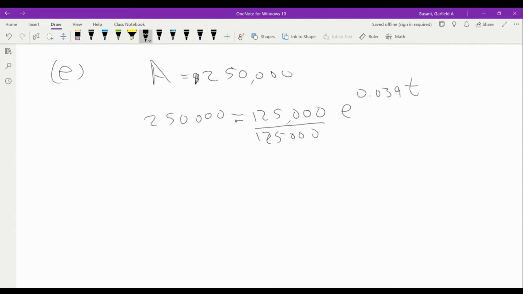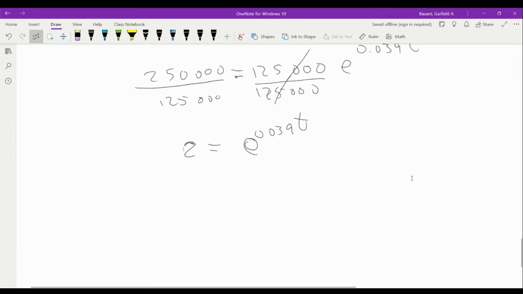We're going to divide by 125,000. So this becomes 2. And this will always be 2 for the doubling time, right? So it's never going to change. Anyone remember how to solve this type of equation? Let me remind you. We're going to take the natural log of both sides, which is why I said the textbook got ahead of itself, because we haven't talked about that yet.